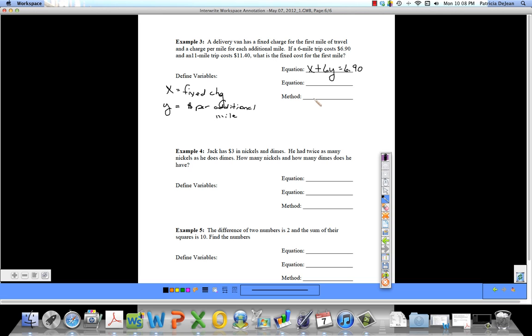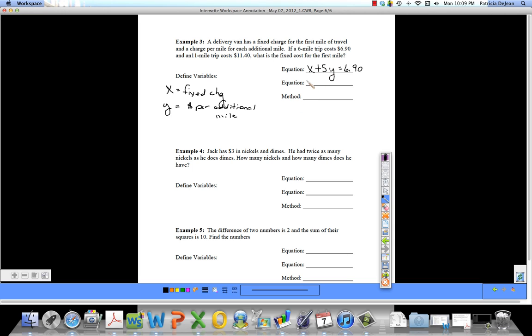And then you have, oh, well, this is a mistake. It's for each additional mile, so instead of 6, the first mile is X. So we need to change that. That's where an easy way to make a mistake. We need to change that to 5, because the first mile is X, and then there's 5 more miles for a total of 6-mile trip.